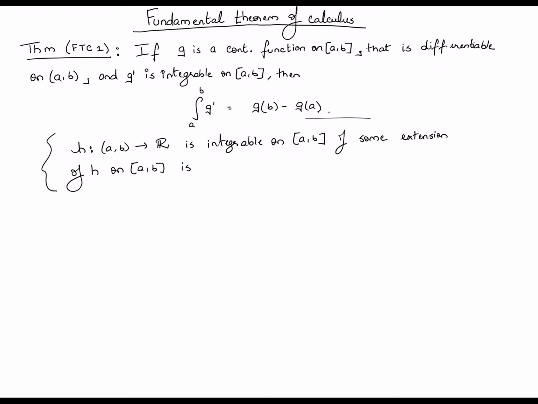This is what I mean by saying that g prime, which may only be well defined on the open interval (a, b), is integrable on the closed interval [a, b], right? That means that some extension of g prime should be integrable on the closed interval [a, b].